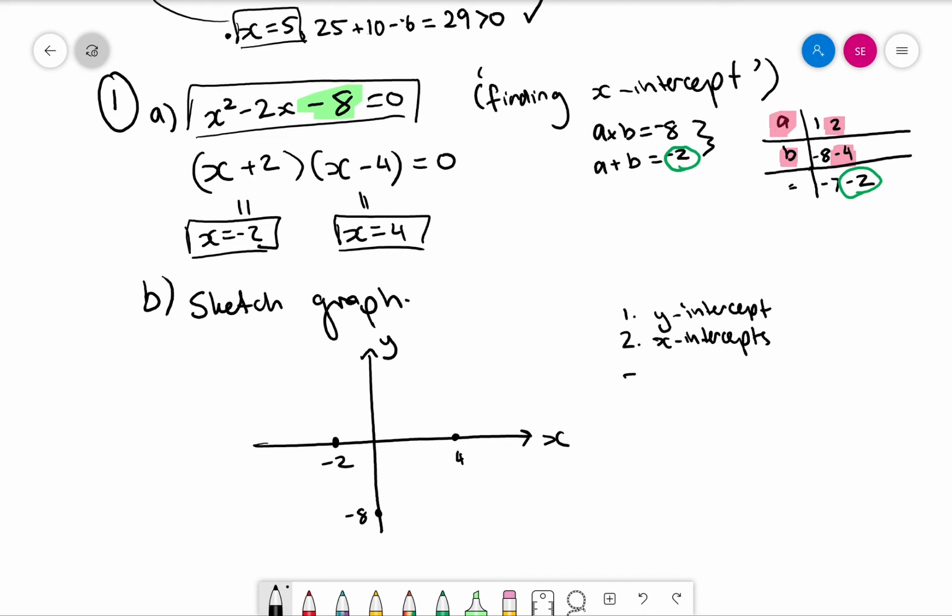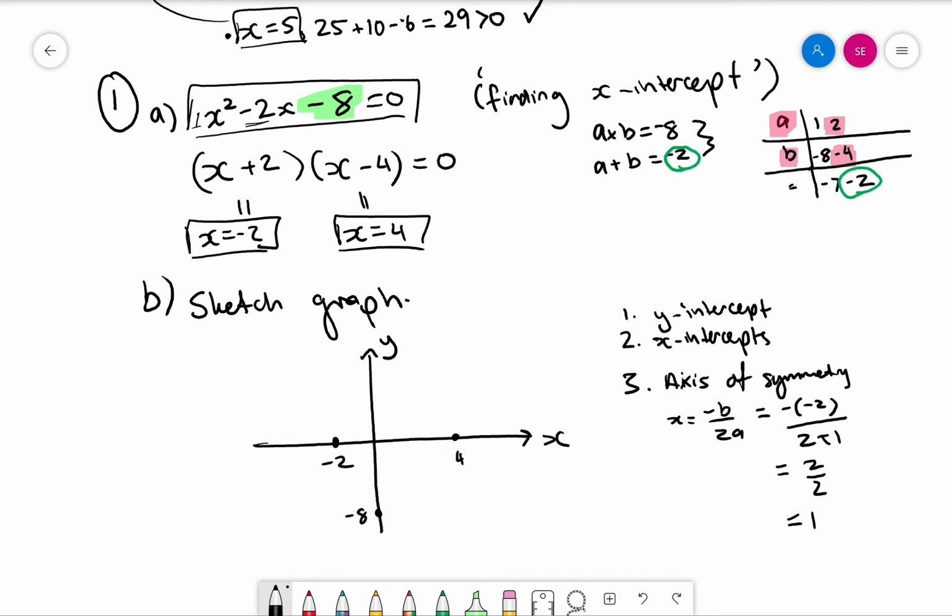The third part is our axis of symmetry, which is minus b on 2a, which is equal to minus minus 2 on 2 times 1, because our b is minus 2 up here, and our a is just 1. So we'll get 2 on 2, which is equal to 1. So we know this will be our axis of symmetry here.